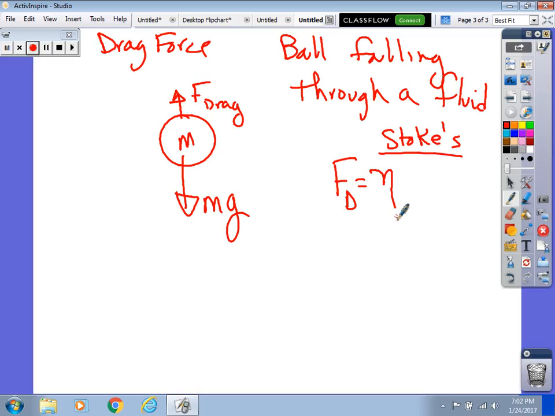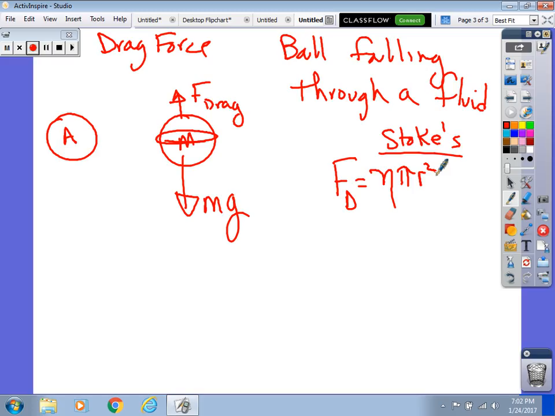It's dependent upon the cross-sectional area. So as this thing falls, you see the area of a circle. If I turn it on its side, all you see is that. That's the area we're talking about. How do you calculate that area? Well, it's a cross section, so it'd be pi r squared. I think I've got that correct.